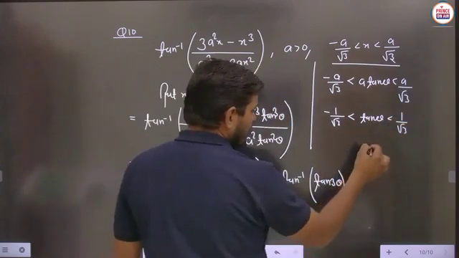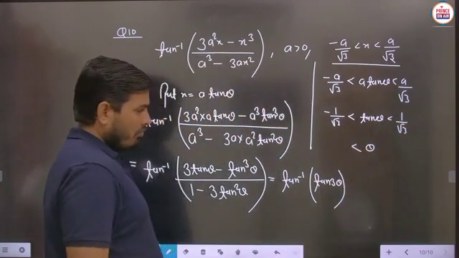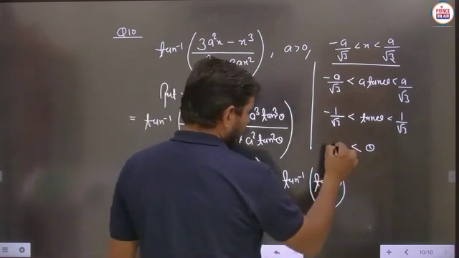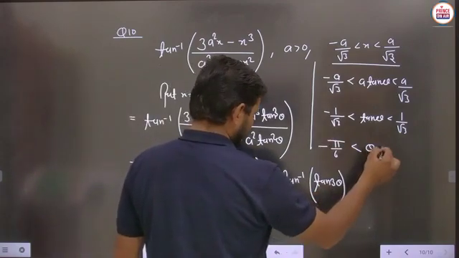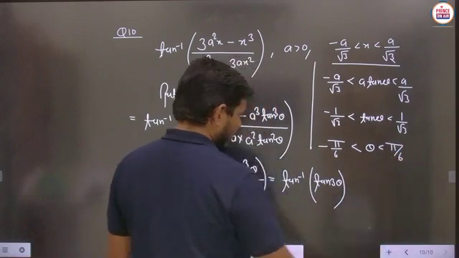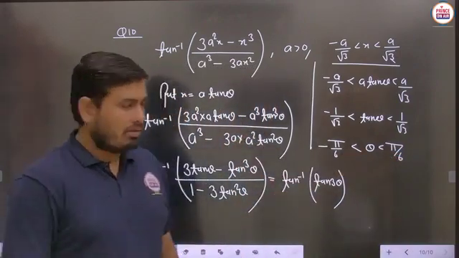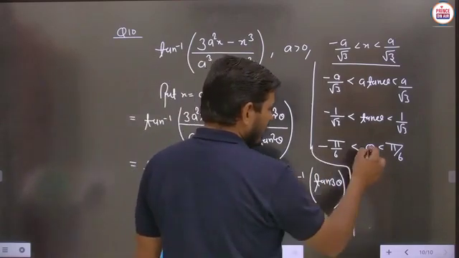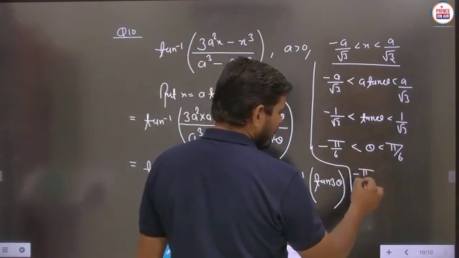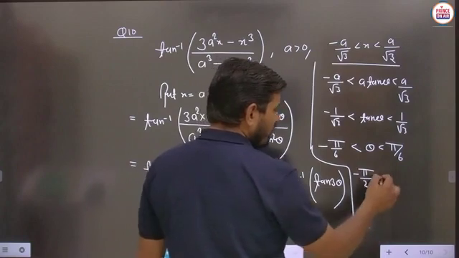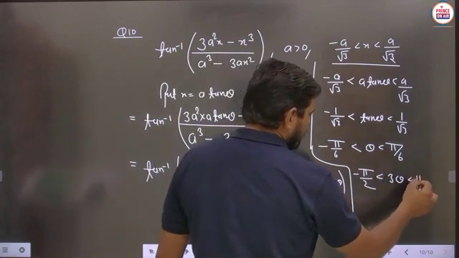Now the theta basically at 1 by root 3 will become minus pi by 6 and plus pi by 6. Now this inequality is multiplied by 3, so 3 theta will lie in the interval minus pi by 2 to plus pi by 2. Is it clear?